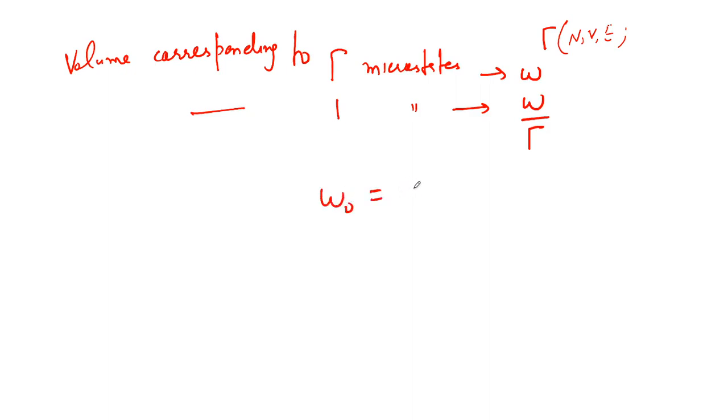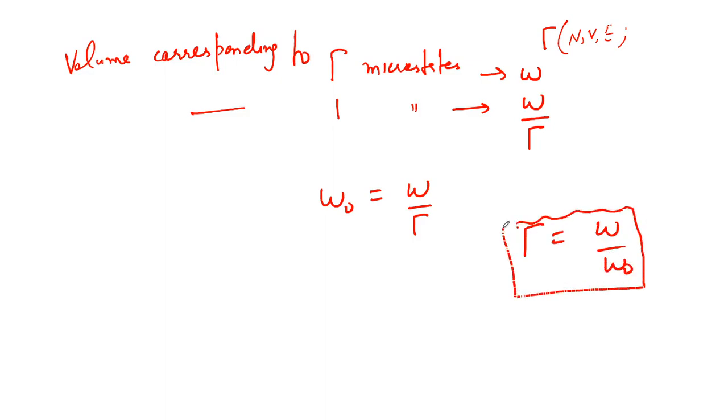So one microstate has volume omega naught, and sigma microstates have volume omega, so sigma can be written as the volume of sigma microstates over the volume of one microstate.